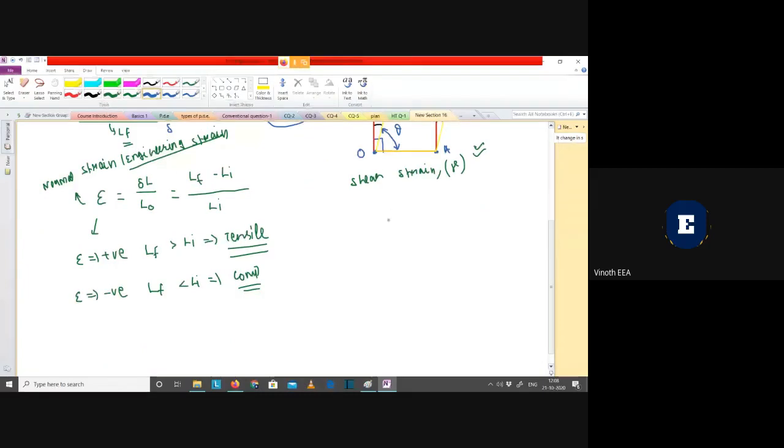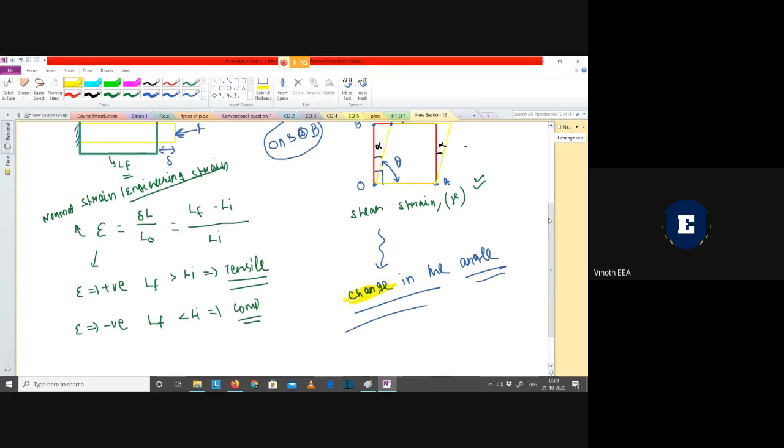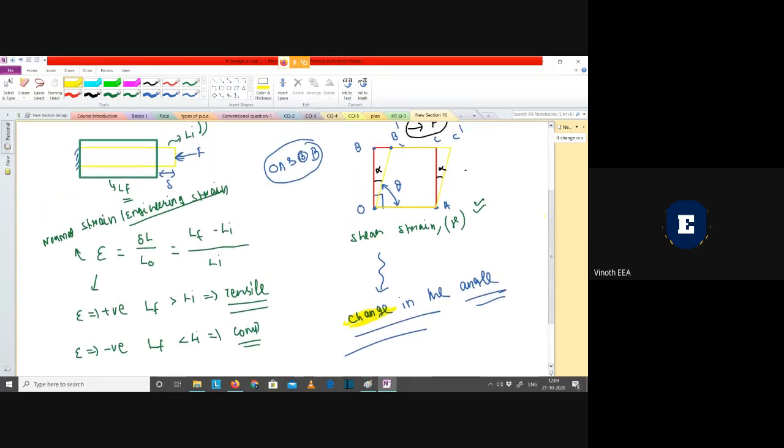Now let me define shear strain. Shear strain is nothing but the change in the angle. Understand it properly. It is the change in the angle between two line segments which are initially perpendicular.